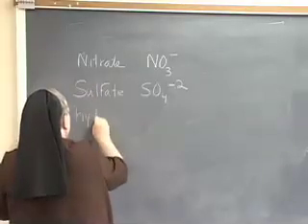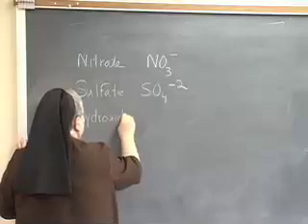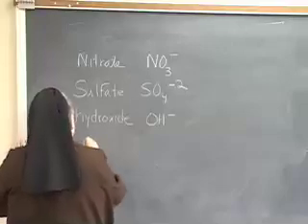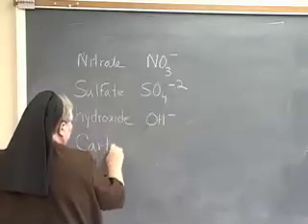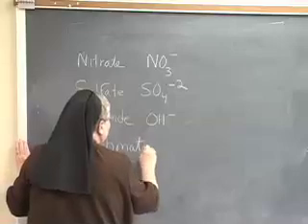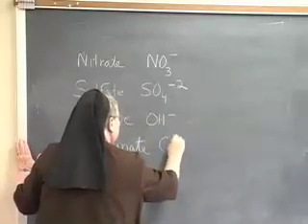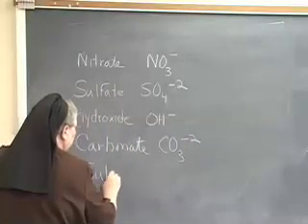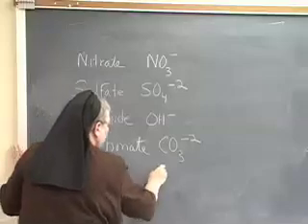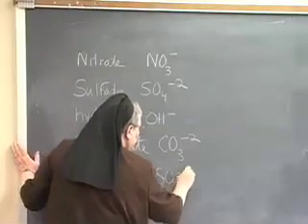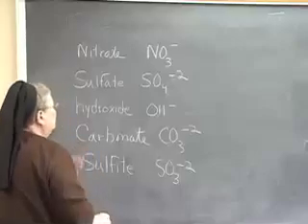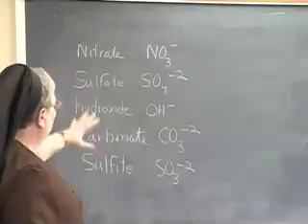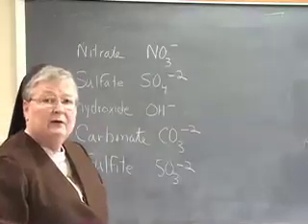Hydroxide is OH negative, and carbonate is CO3 minus 2, and sulfite is SO3 minus 2. So just looking at these anions, it's pretty hard to organize a nomenclature system for them.